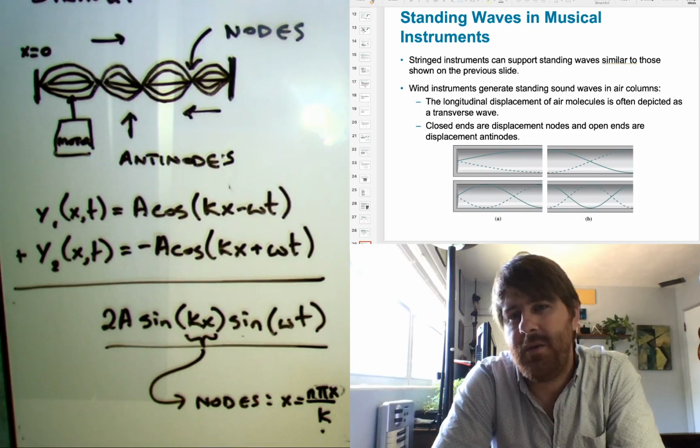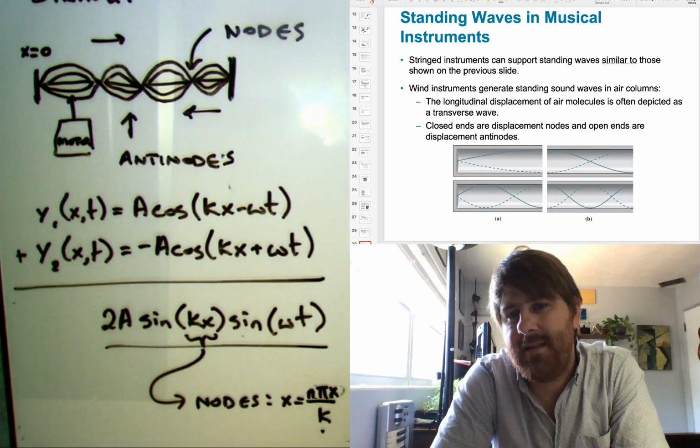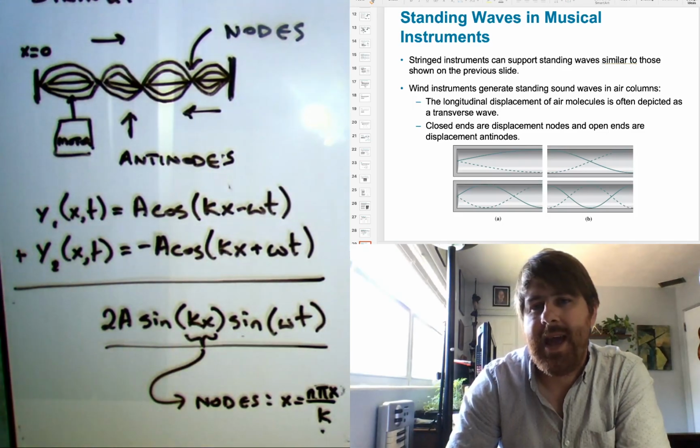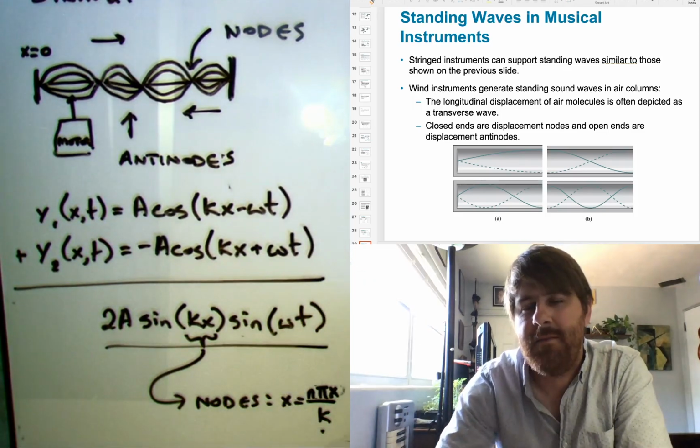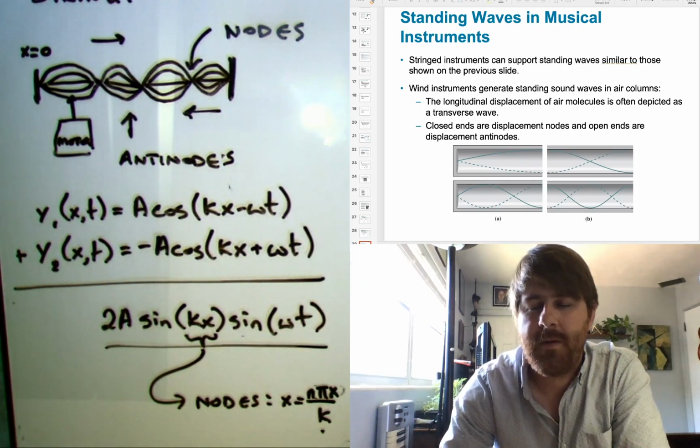So that must be a node. Okay? If instead both ends are open, that's like a free end of the string, and the amplitude of oscillation will be maximum at both ends. So the ends will be an antinode, like case B, if both ends are open.